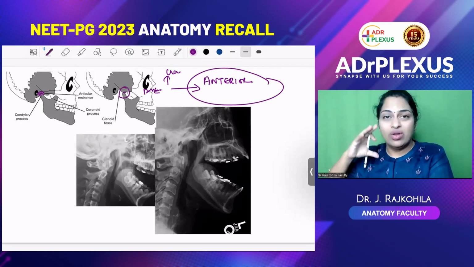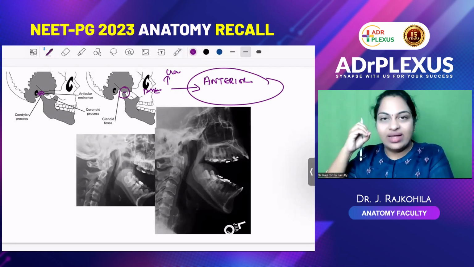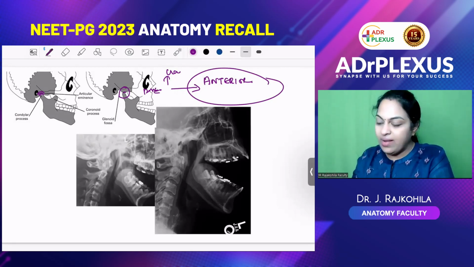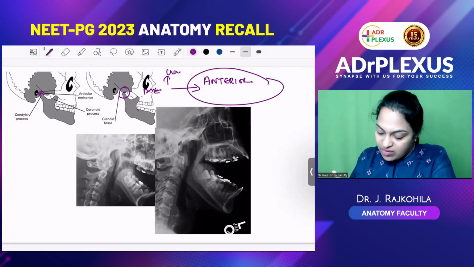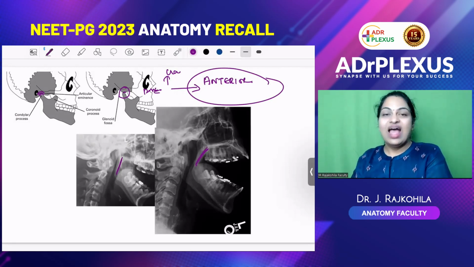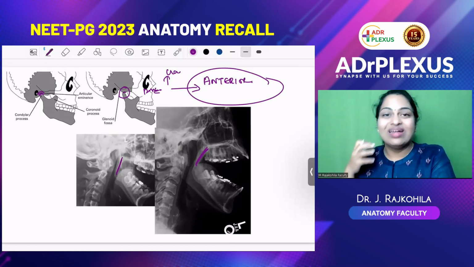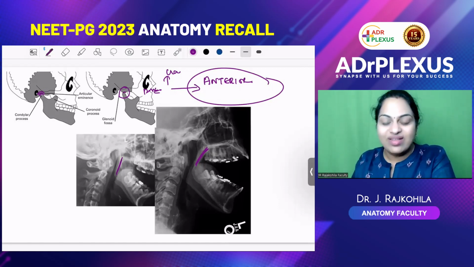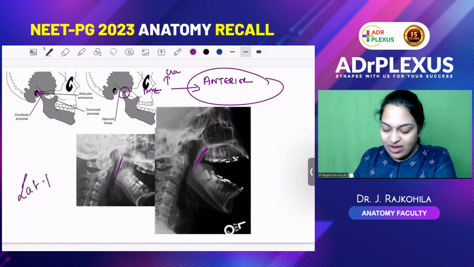That's why you're not able to close it again, put it back into position. So this anterior dislocation, you can see it here in the X-ray also. And the muscle responsible and attached to the capsule and the intra-articular disc is lateral pterygoid.